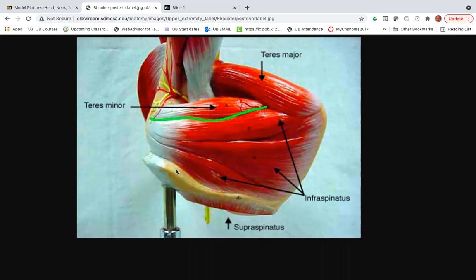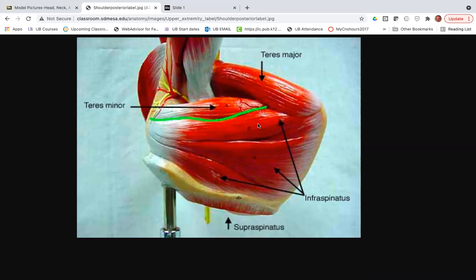All right. So once we find the spine of the scapula, the muscle above it, right? Remember, we're looking at this upside down. So when I say above, I don't mean here. I mean above in anatomical position, which would be here. The muscle along the supraspinous fossa is the supraspinatus. And then the muscle inferior to the spine of the scapula is another rotator cuff muscle called the infraspinatus.